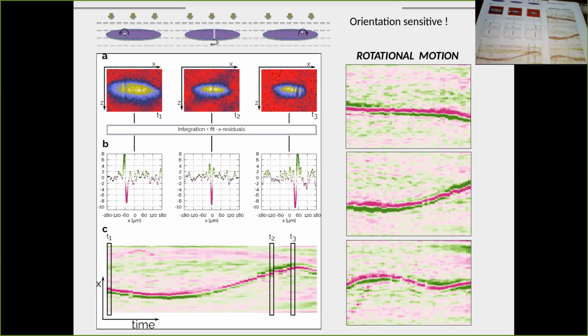So here we have 3 pictures of the very same condensate taken at different moments. In practice, what we do is taking these pictures, we then calculate the residual with respect to a Thomas Fermi profile. We integrate along the column, and in the end, we get signals like this.